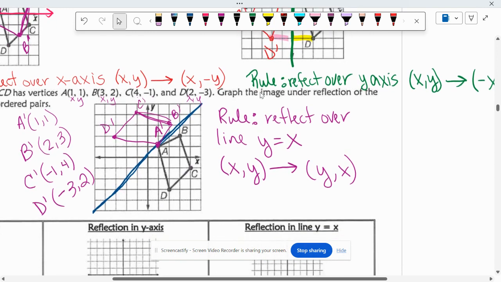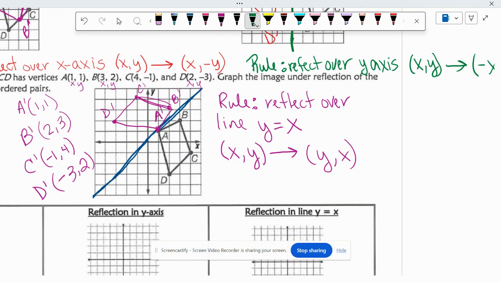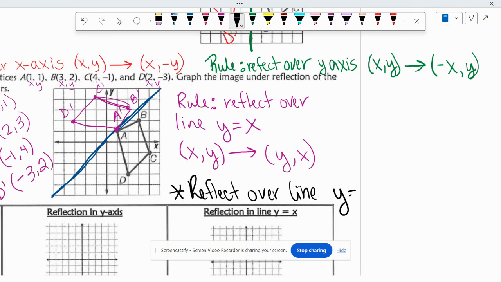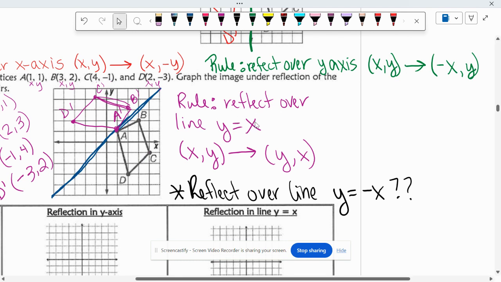So what if you have to reflect over, let's talk about, this is a special one. I think you have it in your homework, definitely on Delta Math. What if you reflect over the line y equals negative x? Let's see, if you reflect over the line y equals x, you change the order.